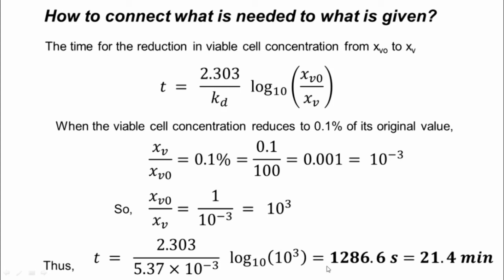That turns out to be 1286.6 seconds or 21.4 minutes. This is one way to solve the problem. I have shown you all these steps. Hopefully you understood these steps, and if you practice, I'm sure you'll be able to solve closed-ended problems.